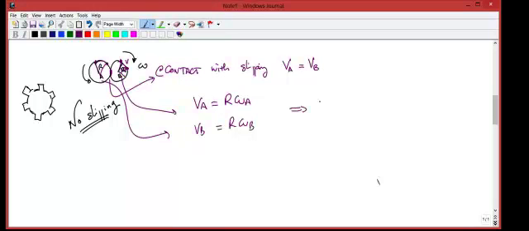Therefore, R omega A is equal to R omega B. And in this case, the angular velocity will also be the same. So far, so good. The only difference is we have to be careful. Those are scalar relationships, so they don't take into account the change of direction.